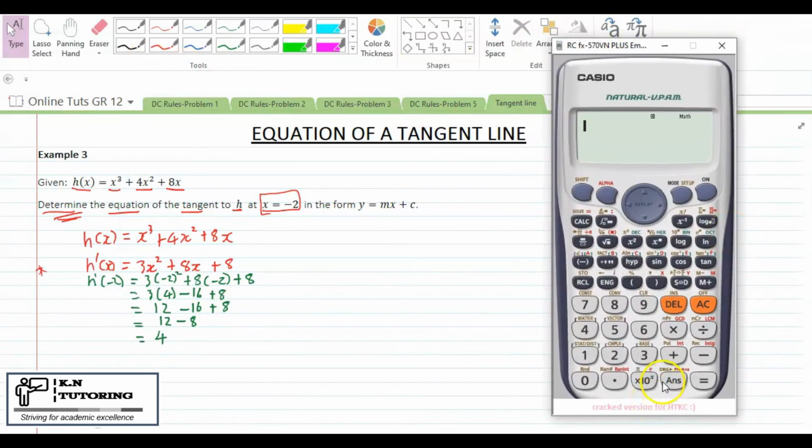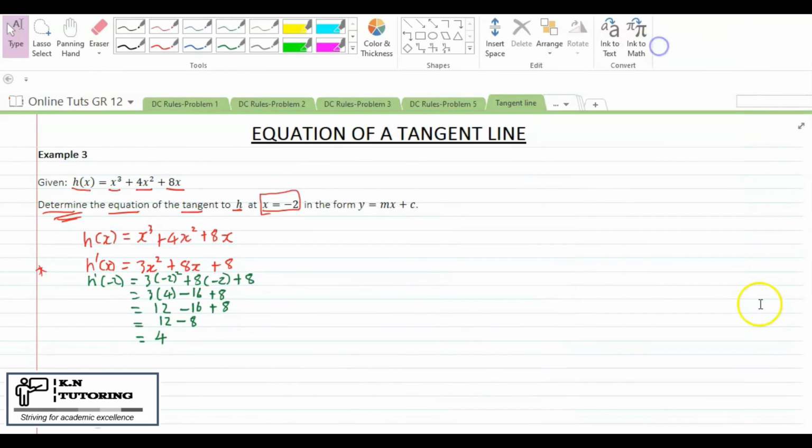So if I've got 3 into minus 2 squared plus 8 into minus 2 plus 8, this will give 4. Okay, that's correct.